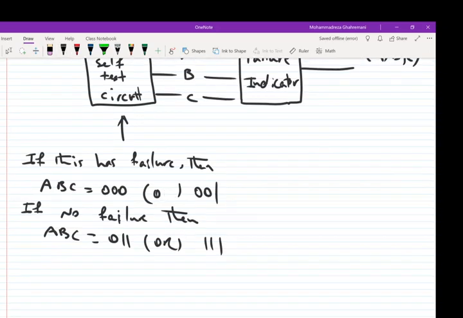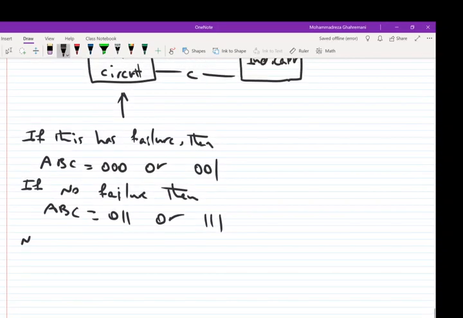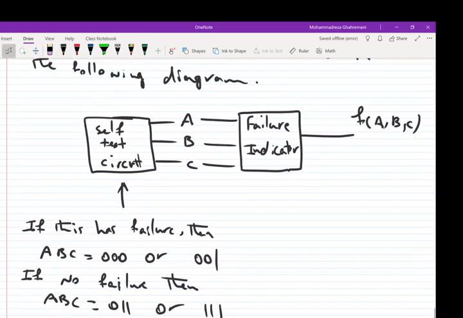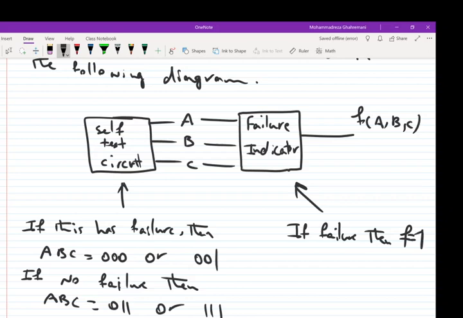So these ORs in fact are not OR gates. They are word OR. No other output is possible. Okay, this failure indicator says if failure, then F is 1. If no failure, then F is 0.